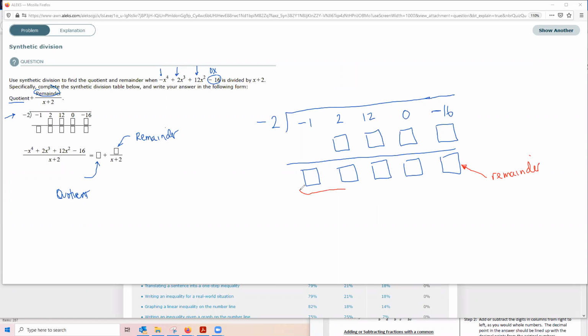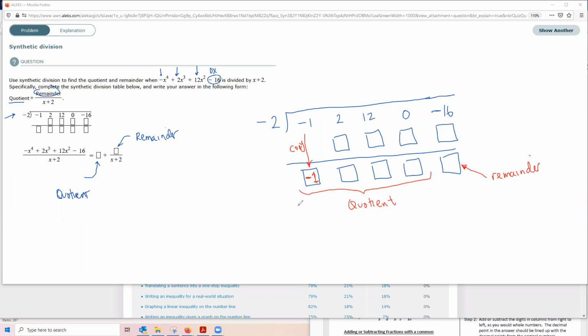And then these boxes here are going to tell you about the quotient. All right, but how do we fill in these boxes? Well, here's the way you do it. First thing you do is you copy this first number straight down. So you don't do anything with this -1 except copy it straight down.